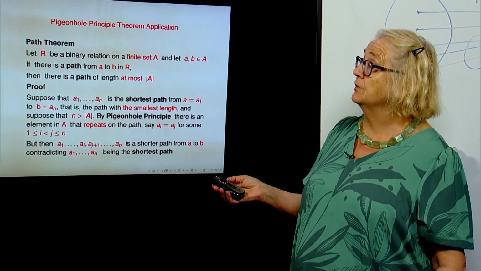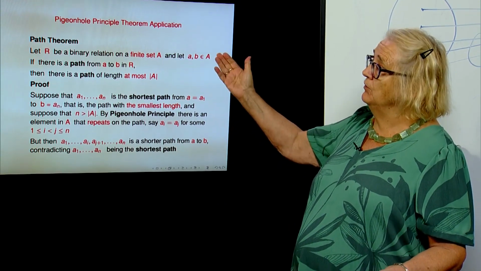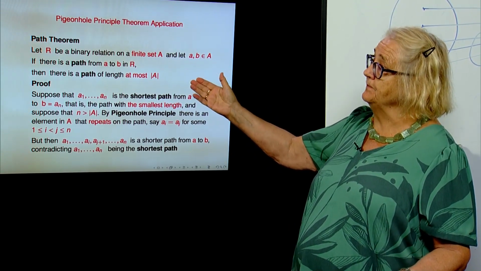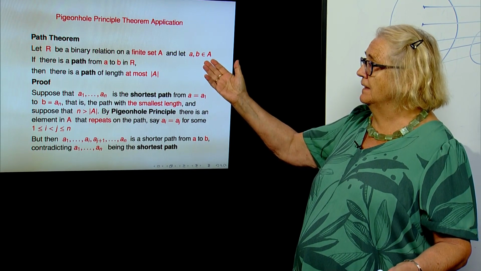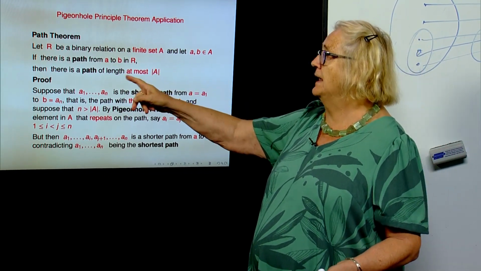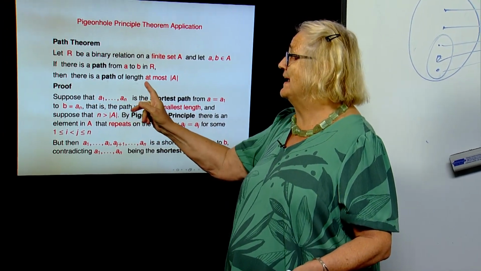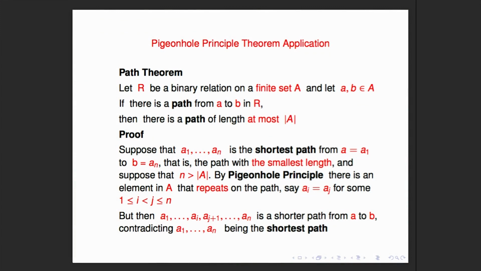And the path theorem says: R is a binary relation, you have two elements. If there is a path from A to B in R, then there is a path of length at most the cardinality of A, right? There is a path of length at most the number of elements in A.